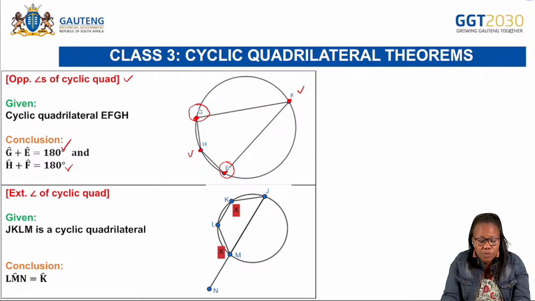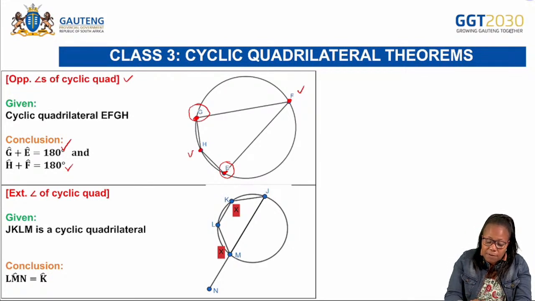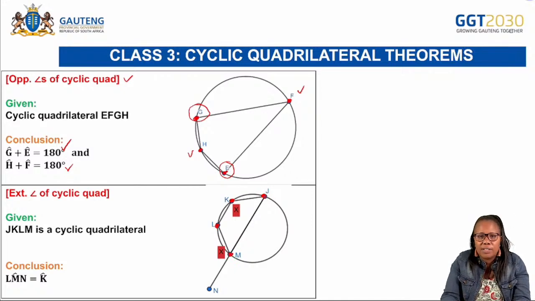Moving to the next theorem on a cyclic quadrilateral. How do you know it's cyclic? It must be a 4-sided figure inside the circle, and it must have 4 vertices touching the circumference. Therefore, this is a cyclic quadrilateral. What does this theorem state? It says the exterior angle of a cyclic quad is equal to the interior opposite angle.